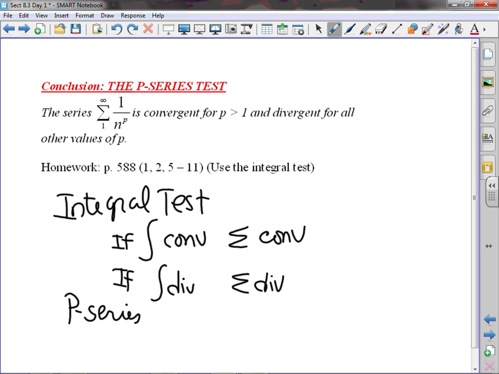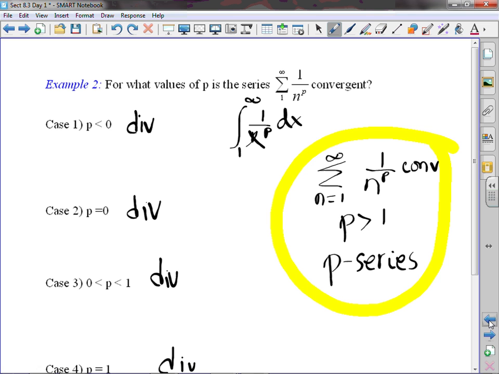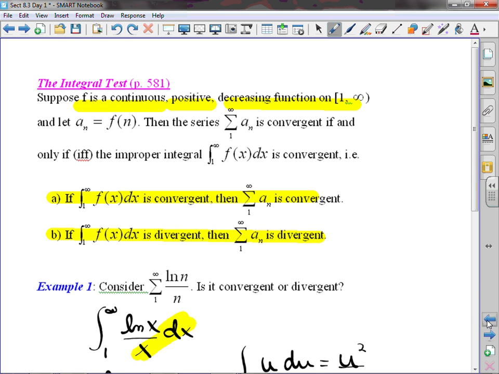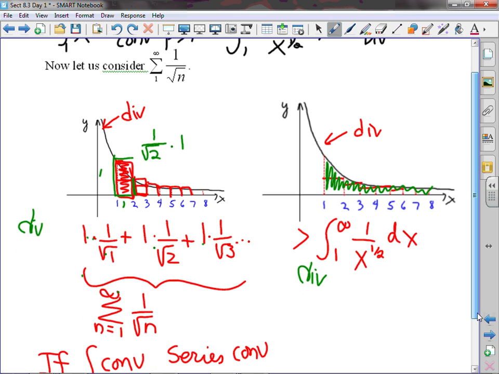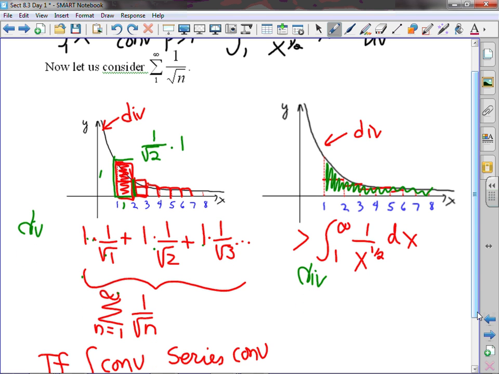Questions? I'm just trying to justify the integral test. There are two ways I could draw my rectangles: over and under.